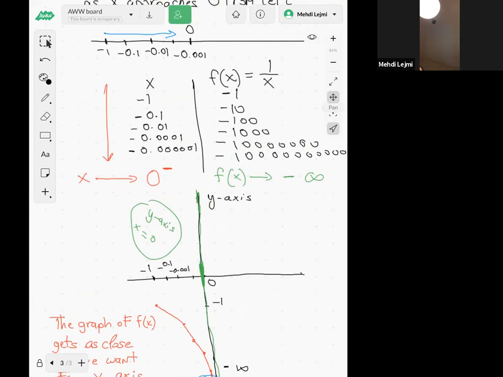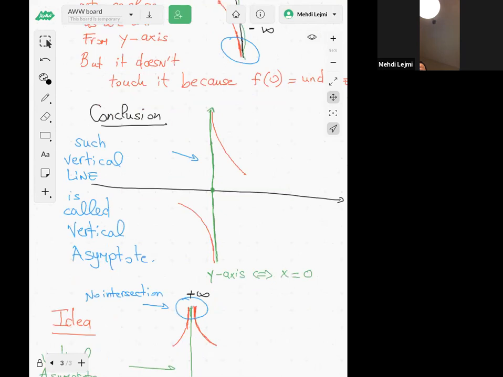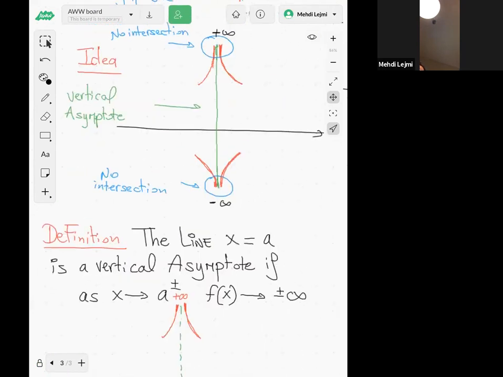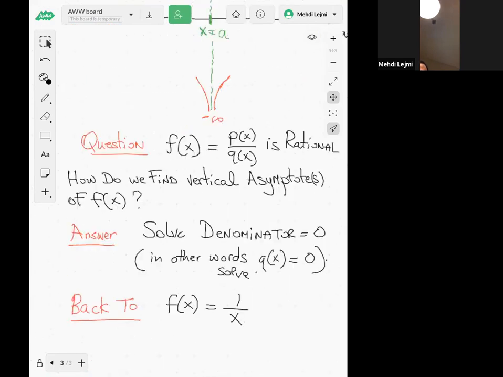Now, what I'm gonna do is let my values of x approach infinity. So I'm gonna take very large values of x, and I'm gonna see what happens to the values of f of x.